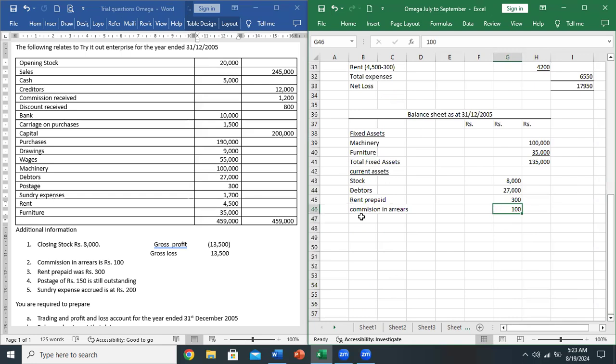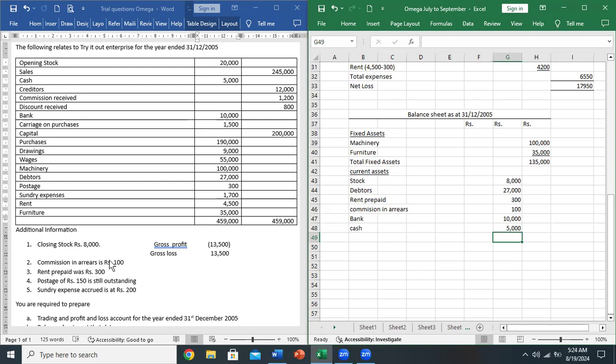So after that, you now look for your bank and cash. So in this question, we have bank, which is 10,000. And then do we also have cash? Yes, we have cash of 5,000. Okay, so these are your current assets. So please always remember stock, debtors, prepaid expenses, which you should find in your additional information, accrued income or any income in arrears.